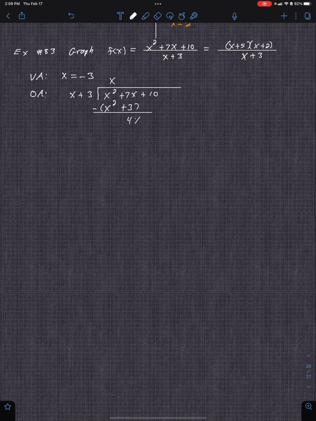So you get 4x plus 10 and then a plus 4. Multiply and you get 4x plus 12. Subtract and you get a negative 2. So this remainder doesn't matter. This is all you're looking for. So you can stop there and say y equals x plus 4 is the oblique asymptote.